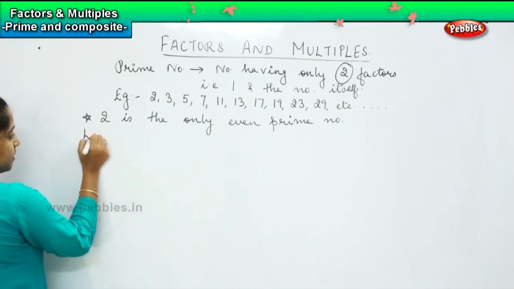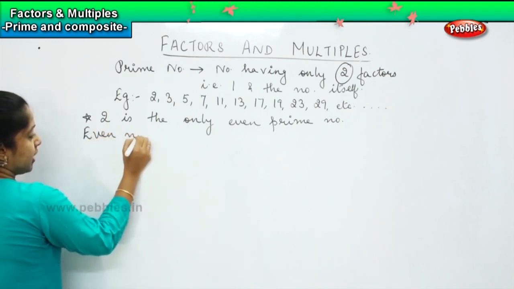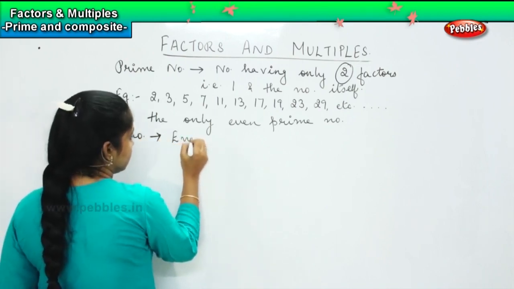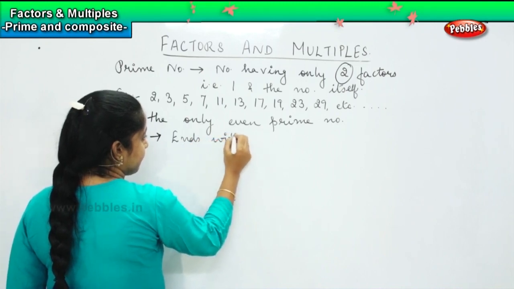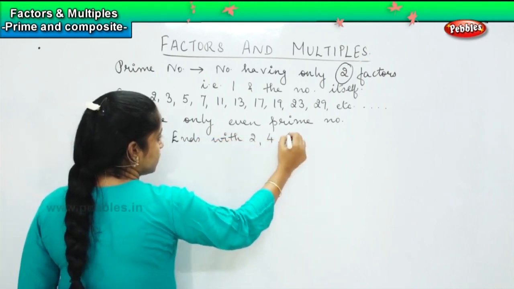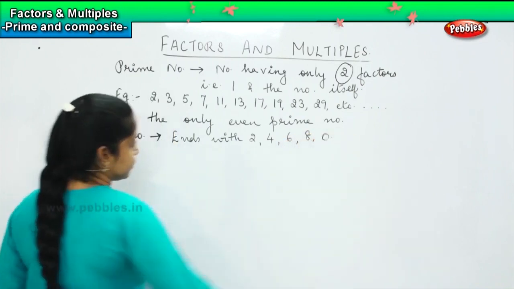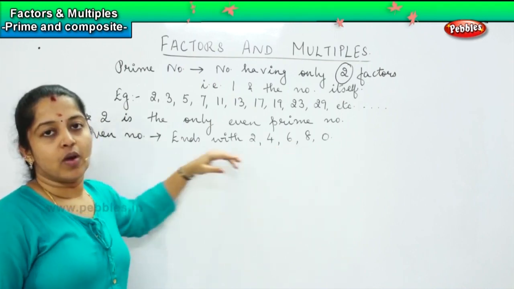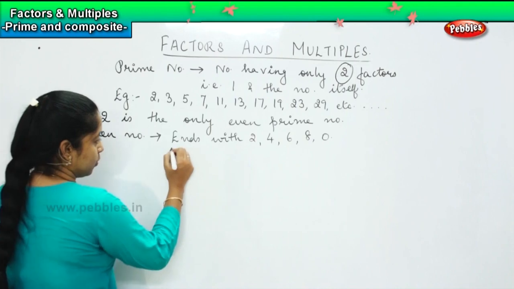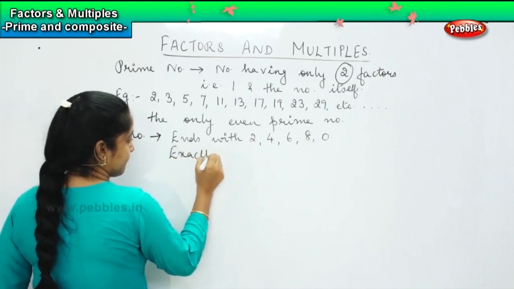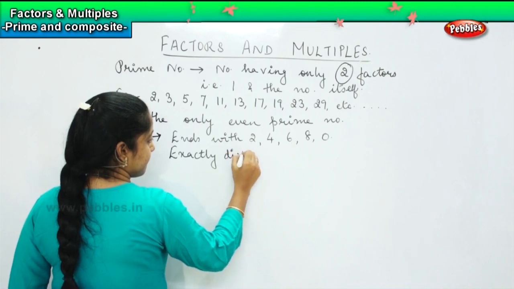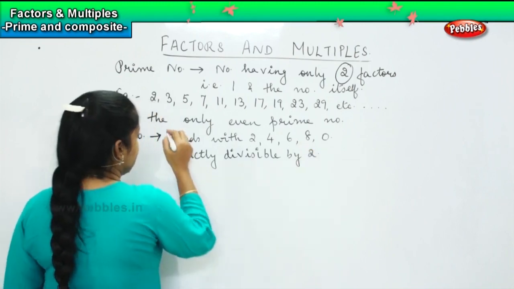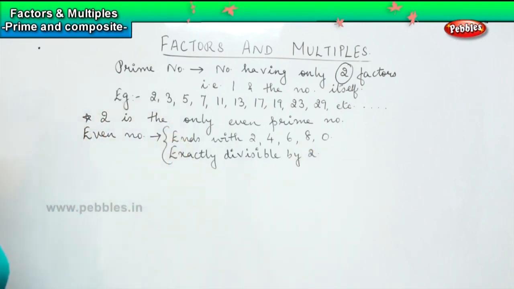So what do you mean by even numbers? What do you call it as even numbers? Those numbers which end with 2, 4, 6, 8 and 0, and are exactly divisible by 2, they are called as my even numbers.